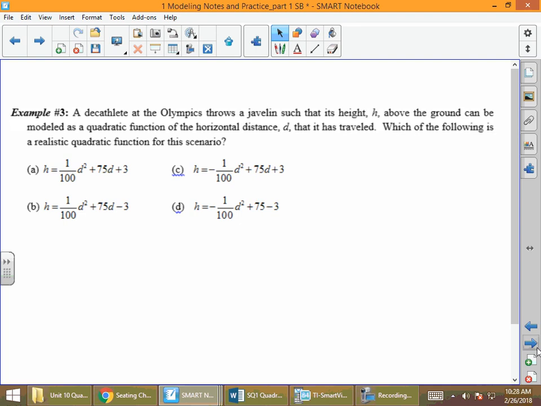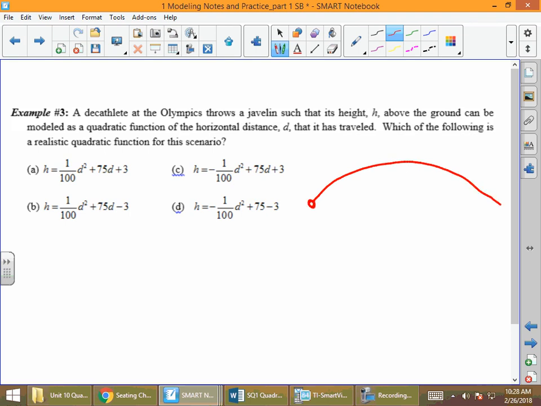We need to know what a javelin looks like when it's going through the air. The person throws it, and it goes up and then down. So it starts here, it goes up, and then it goes down. Knowing the general shape of this picture, can we eliminate any of the equations?